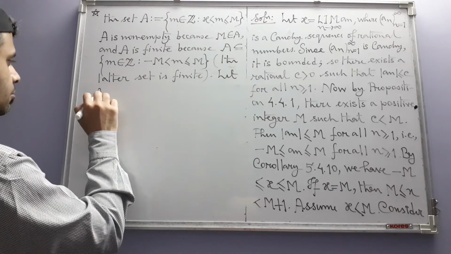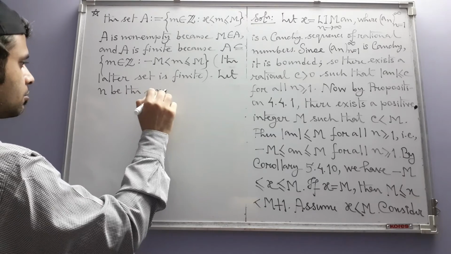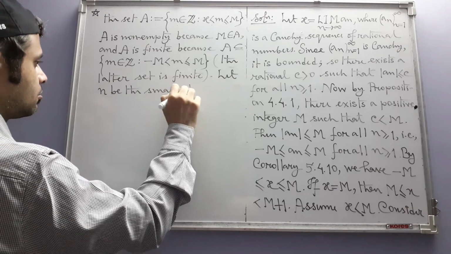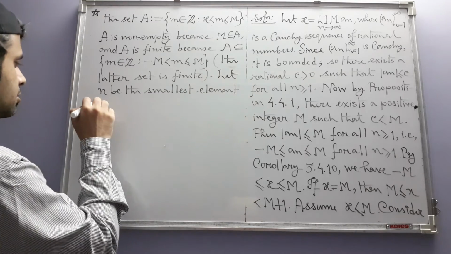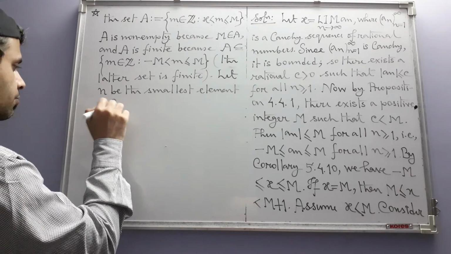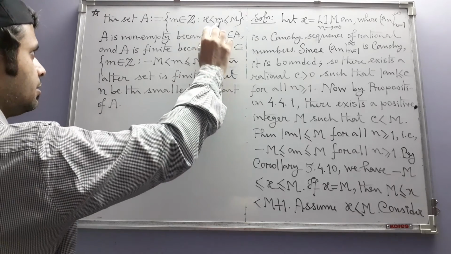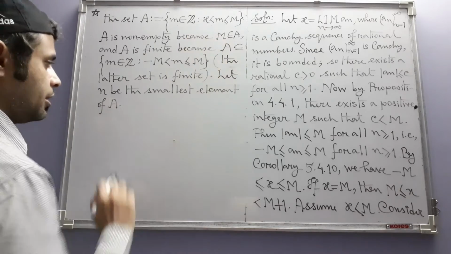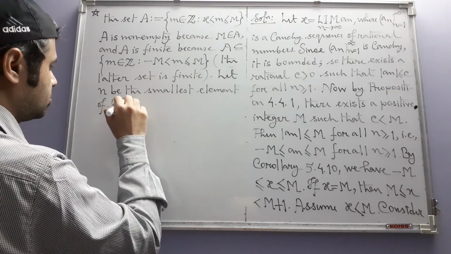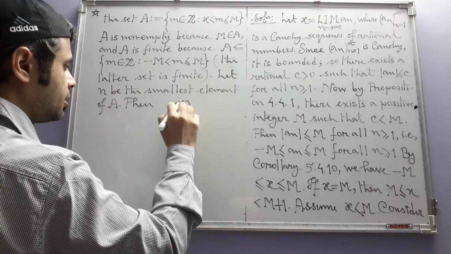Let N be the smallest element of A. Since N is an element of A, N will be greater than x.